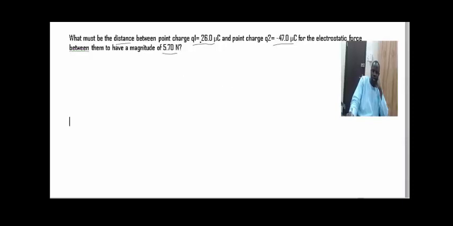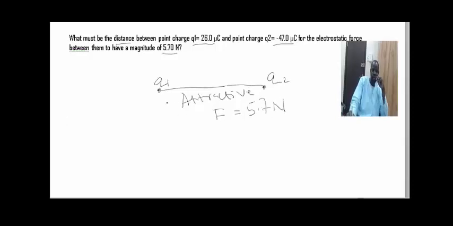We can easily see that since Q1 is positive and Q2 is negative, this force is an attractive force. So we can place our charges here. This is our Q1 and this is our Q2, and since one is positive and another one is negative, there is an attractive force F, which is given by 5.7 newton.